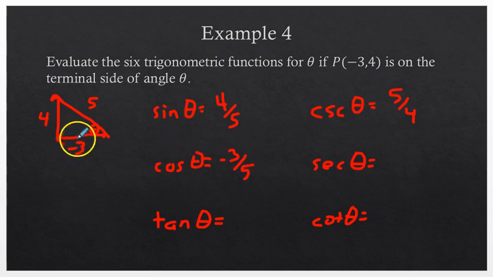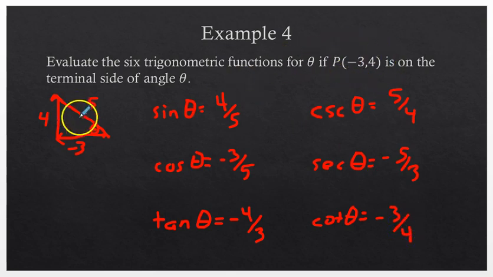So please keep the signs included if they had a positive x or y value on the coordinate they gave you. And then secant is just going to flip that fraction upside down. So now it's -5/3. For tangent, the rule is opposite over adjacent. So I have -4/3. And for cotangent, the reciprocal is -3/4.